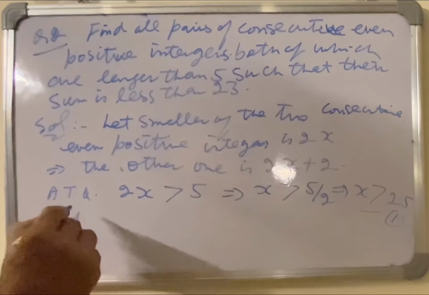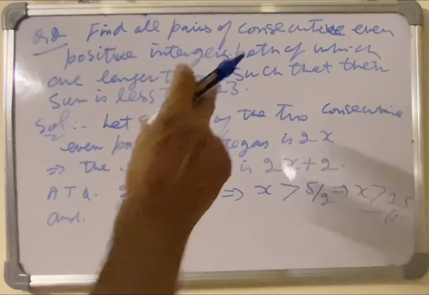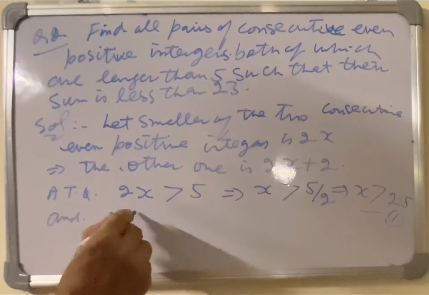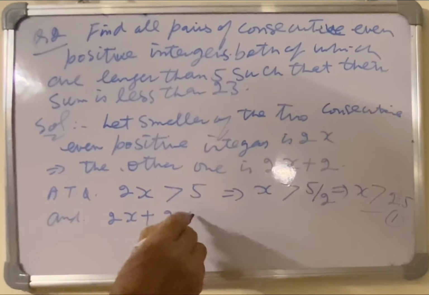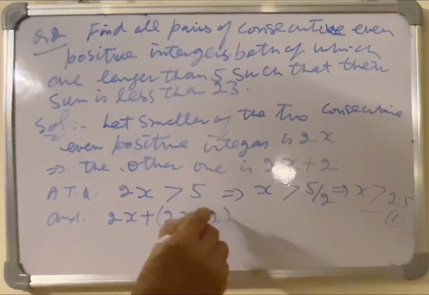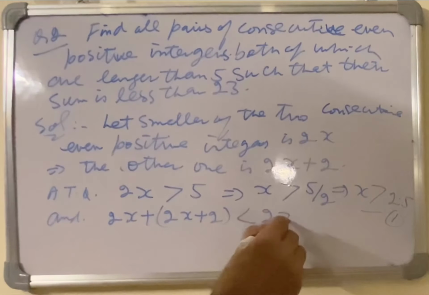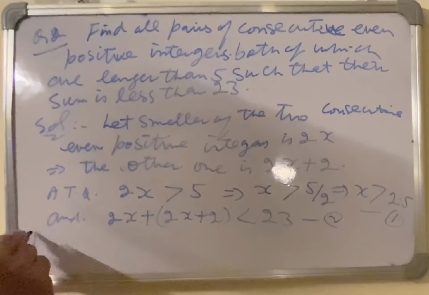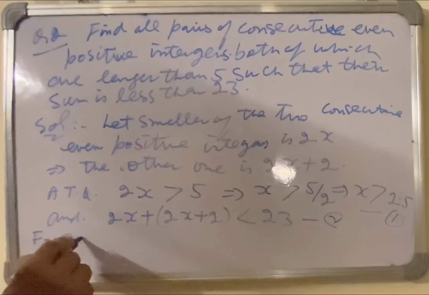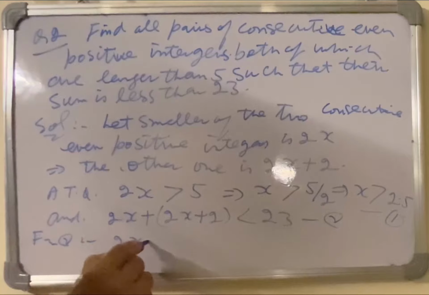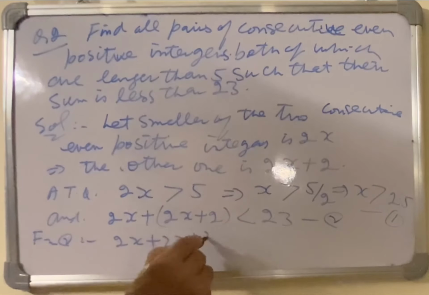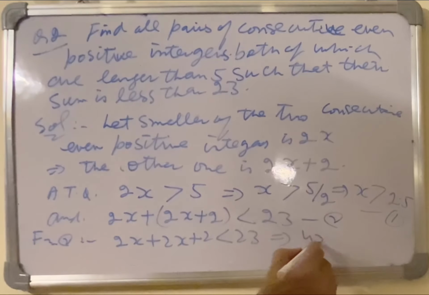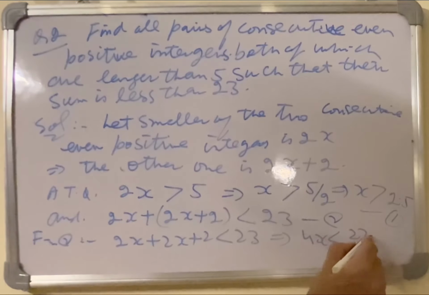And their sum is less than 23. So 2x plus 2 is less than 23. This is second. From second, we have 2x plus 2 is less than 23, which will give you 4x less than 23 minus 2.